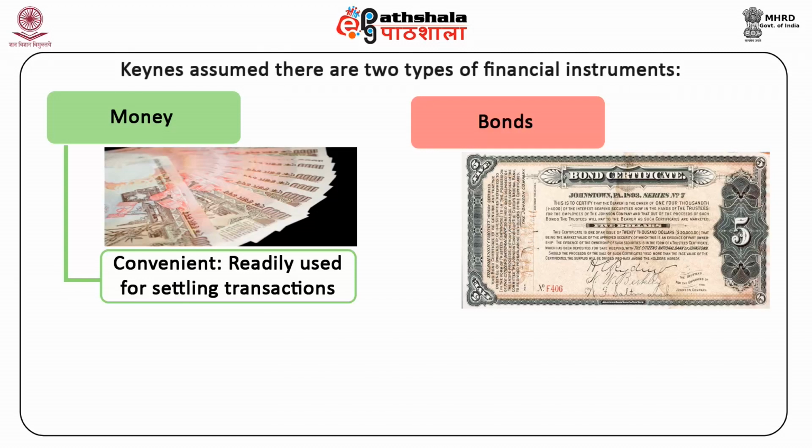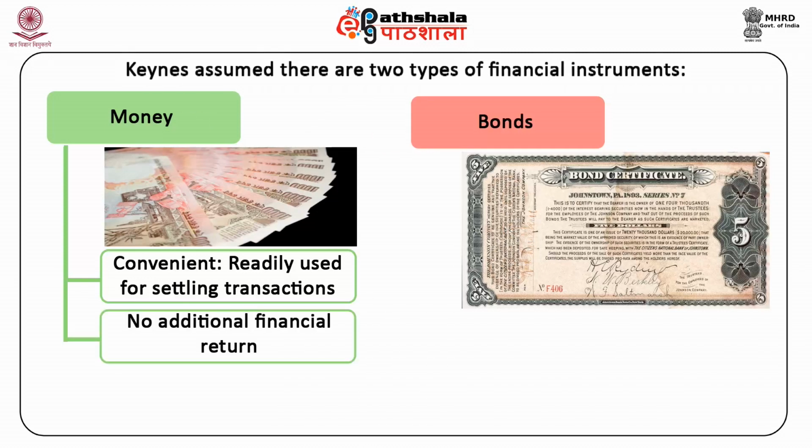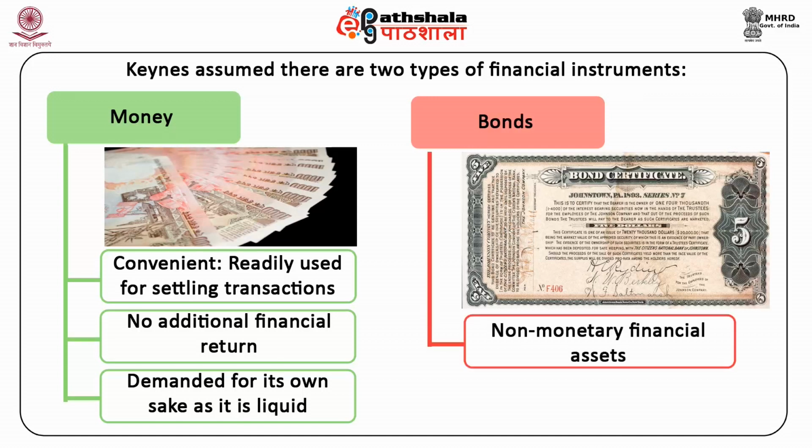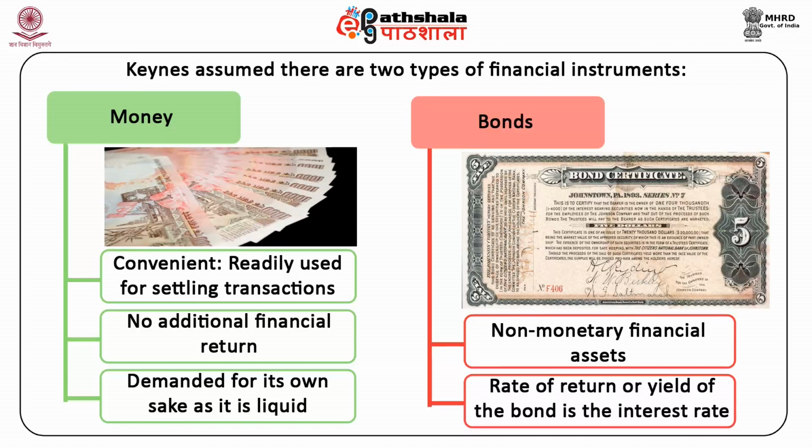However, money provides no additional financial return and it is demanded for its own sake as it is liquid, whereas bonds are non-monetary financial assets and the rate of return or yield of the bond is the interest rate.